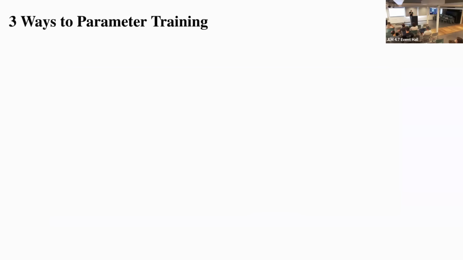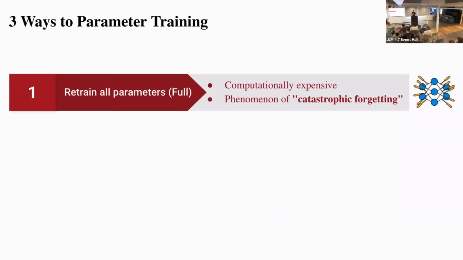So we have talked about different ways to fine-tune. Now let's talk about the ways to do parameter training. Our first option is to retrain all of the parameters, which is also called full fine-tuning. This option is computationally expensive because we are training all of the parameters, and we are also more prone to the phenomenon of catastrophic forgetting.